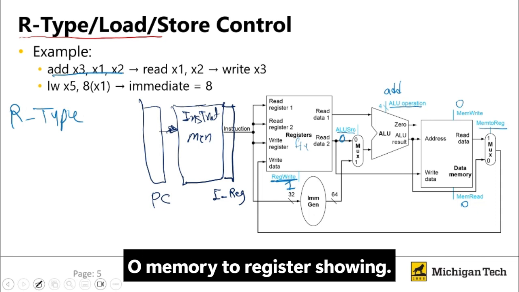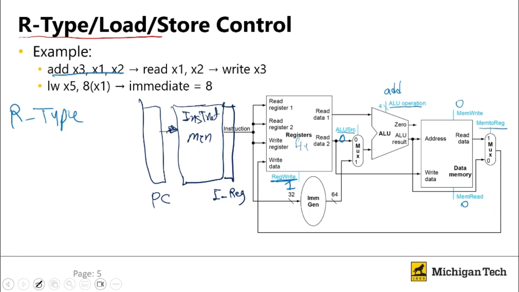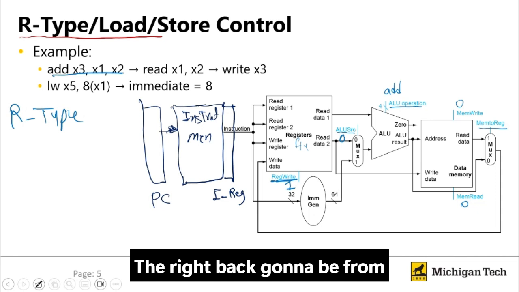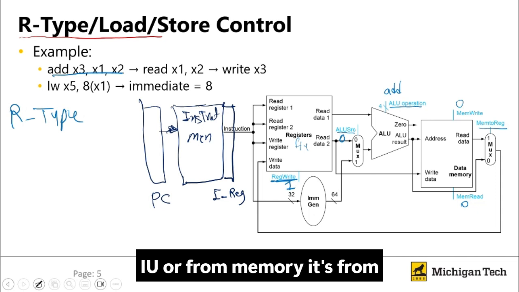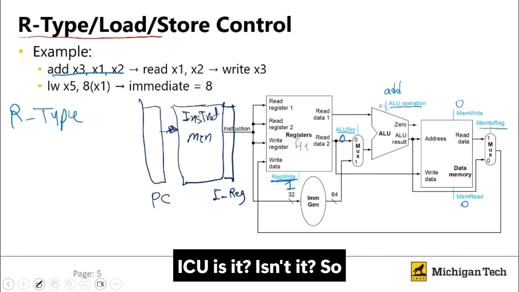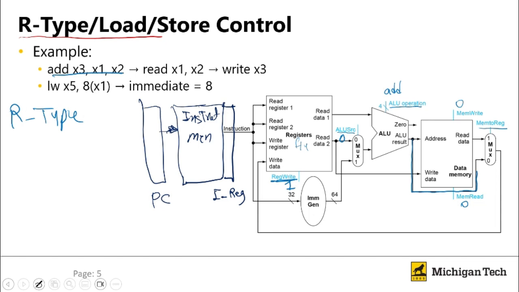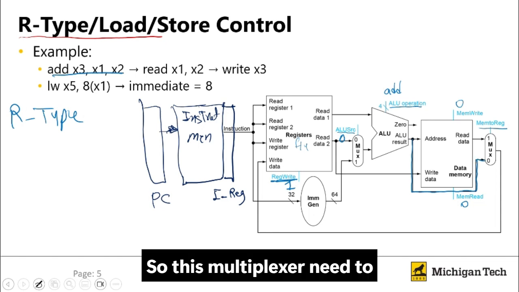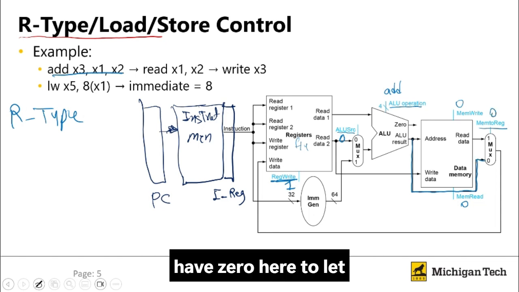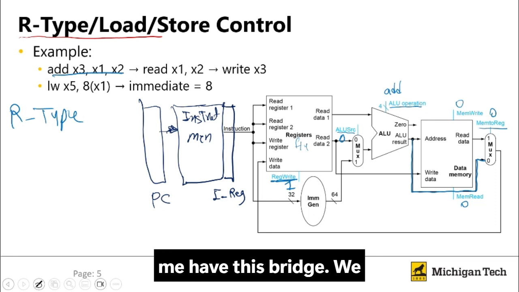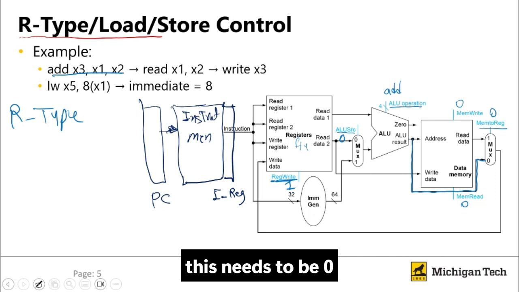Memory to register shows whether the write back is going to be from ILU or from memory. It's from ILU, isn't it? So this multiplexer needs to have 0 here to let us have this bridge, so we don't use data memory. So this needs to be 0. So 0, 0, 0, add 0, just 1.